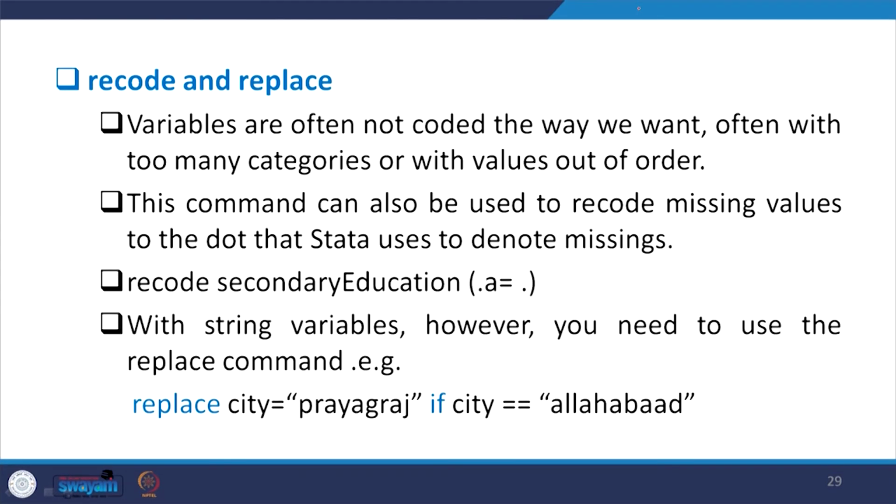Or even if 98, 1000, or 88888 is entered in the data, these are usually considered missing values in different data sets, 88, 89. I think I told you already while guiding the data sets about reading the missing values in the data. So, you can recode it to dot.